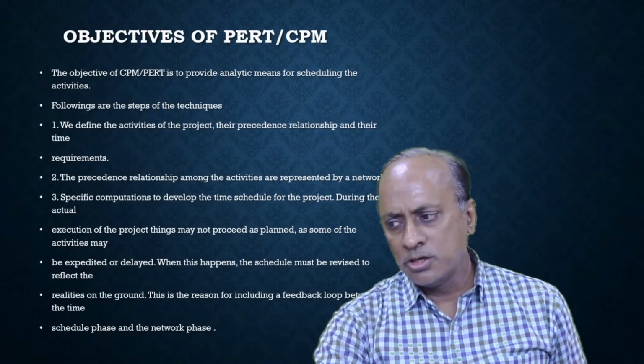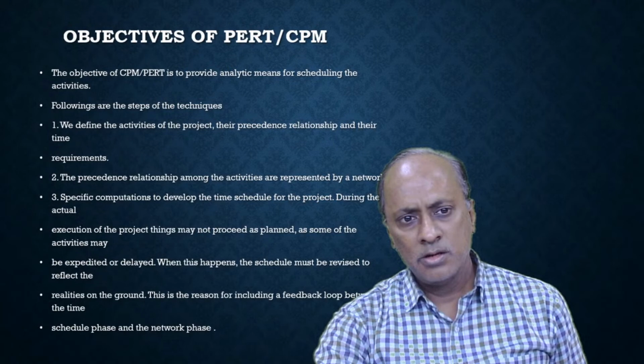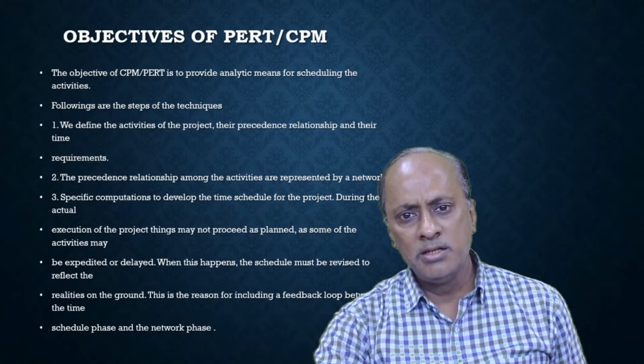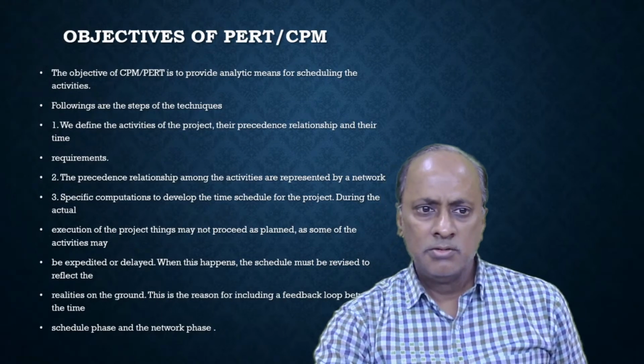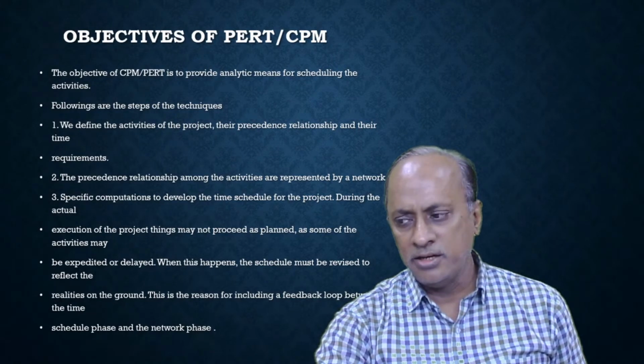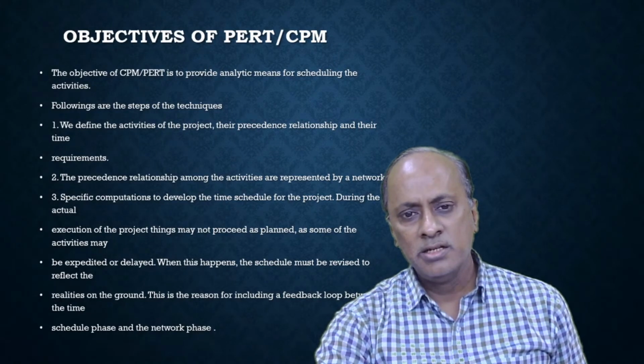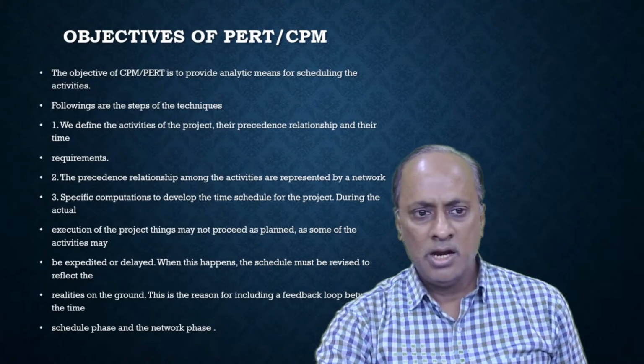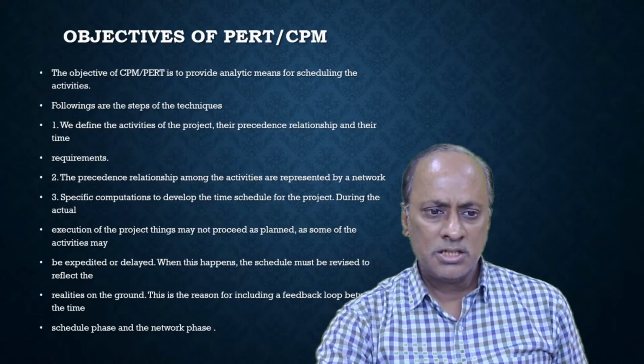Now, the objective of CPM and PERT is to provide analytical means for scheduling the activities. That means CPM and PERT are very useful analytical techniques where we can schedule the activities, that is, when an activity can start and when it can be completed. And there are certain steps.